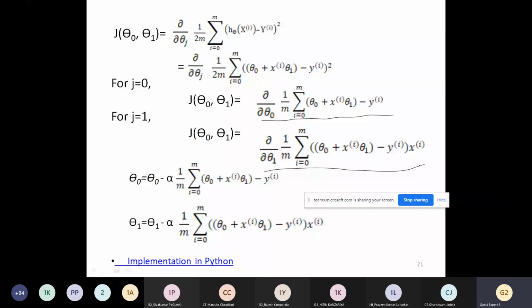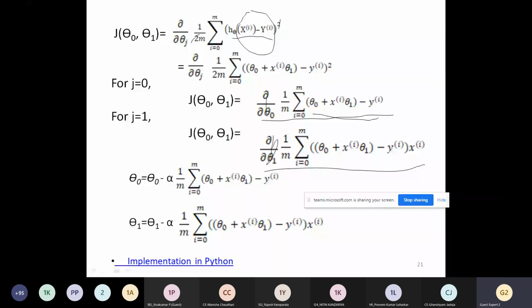This is x square, and the derivative of x square is 2x, so the 2 will be eliminated. So you will get 1 upon m times this function. Here I have substituted the value of h of theta x, that is theta 0 plus x theta 1. So this is the derivative of the cost function with respect to theta 0, and this is the derivative of the cost function with respect to theta 1.